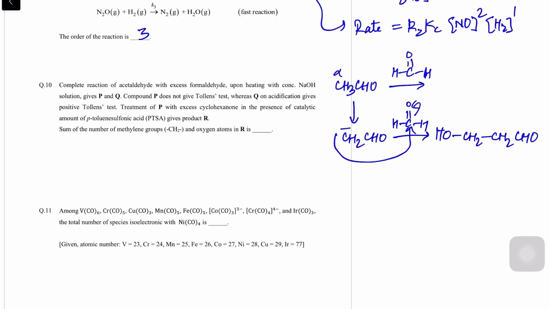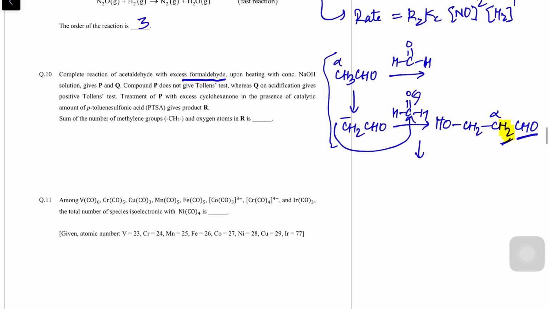All right. Now the question is excess formaldehyde. So obviously this is your carbonyl group and there are still 2 alpha hydrogen left. So these steps will repeat. Alpha hydrogen will be removed by base. That carbanion will attack formaldehyde, and these 2 alpha hydrogen that you can see here will be replaced by CH2OH groups. Alright.